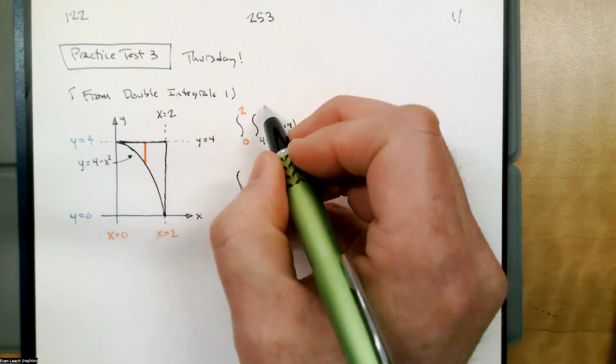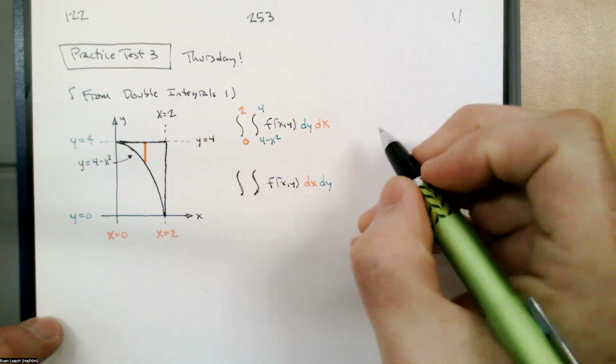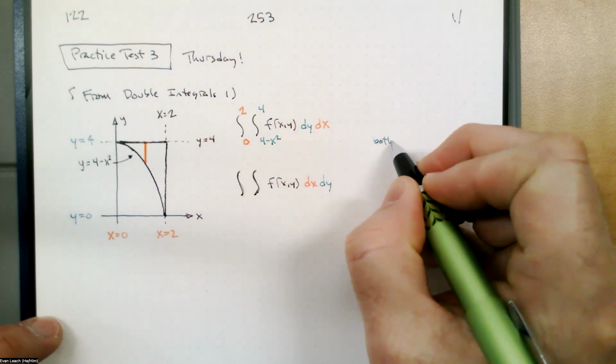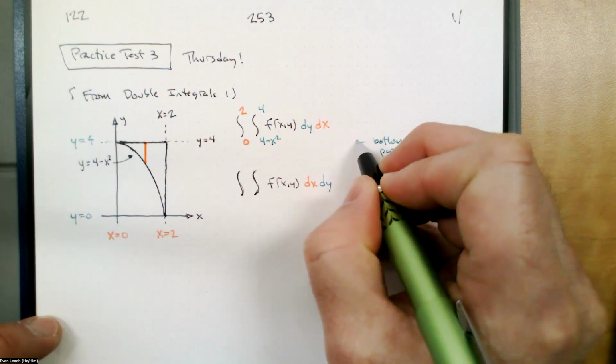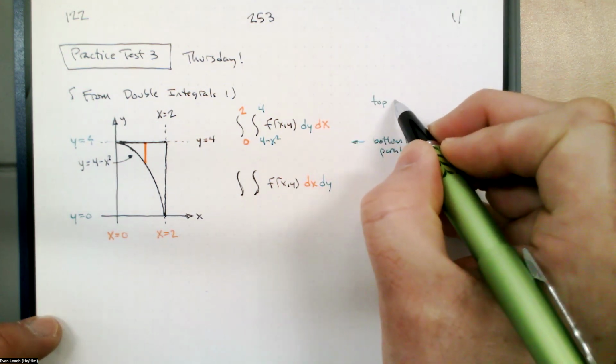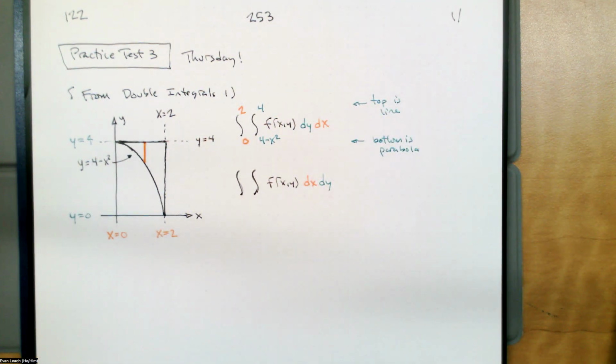When we write the integral from y equals 4 minus x squared to 4, we're saying the bottom is the parabola, the top is the line. And so those are our bounds on y.